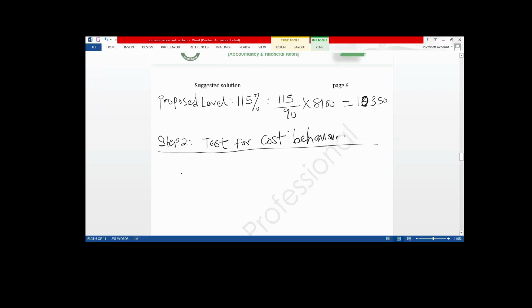Remember, we are dealing with the Ikeja factory now. Direct material cost. We have our levels. We have 80% level.